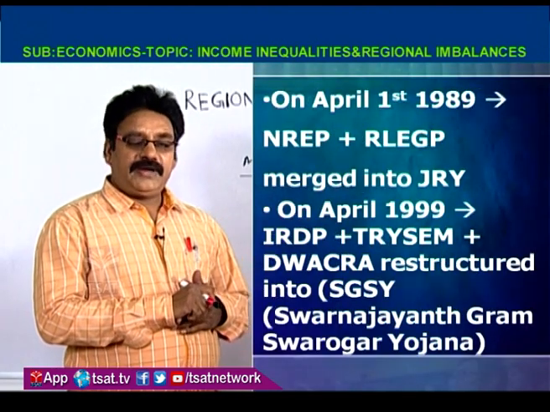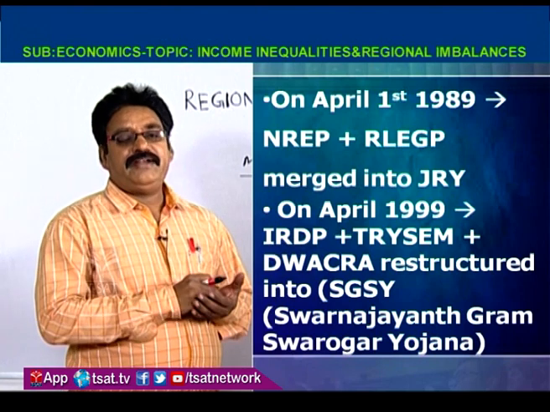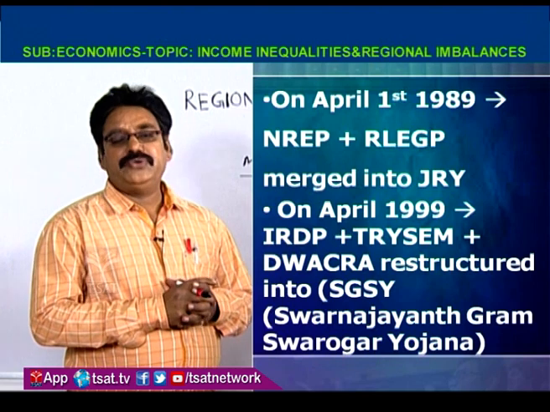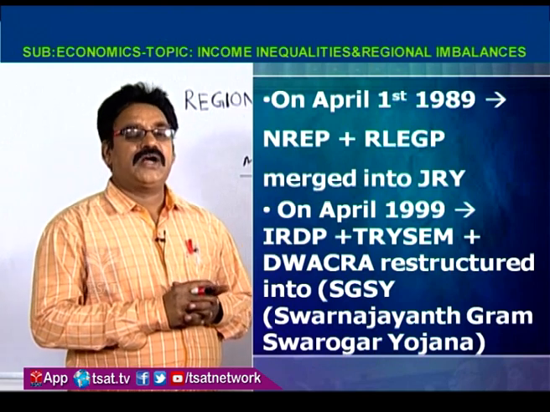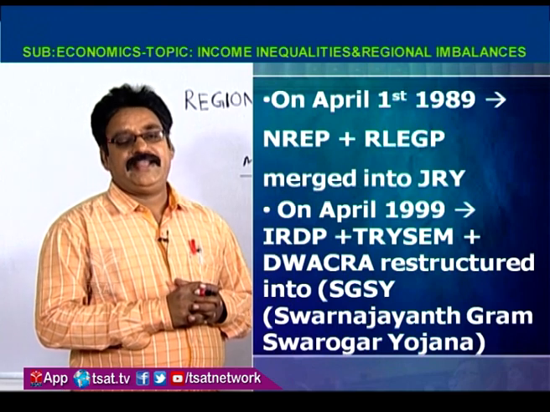Then in April 1999, IRDP was restructured and combined with TRYSEM and DWCRA. TRYSEM means Training of Rural Youth for Self-Employment, DWCRA, Development of Women and Children in Rural Areas.